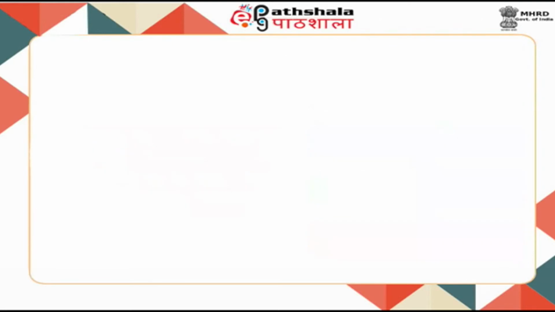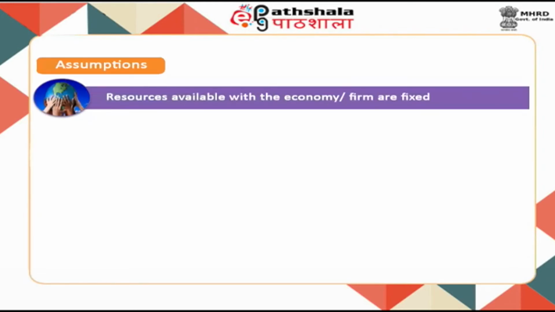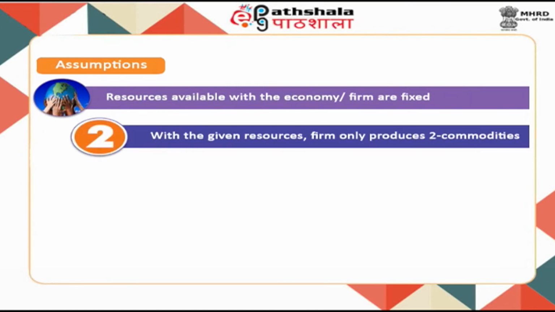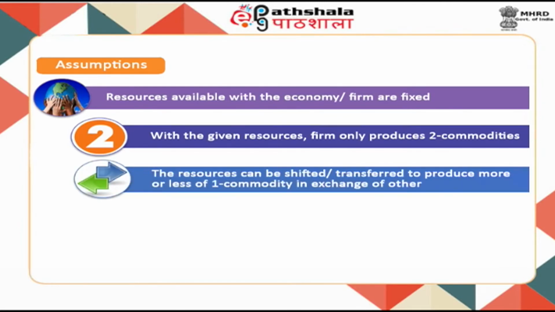For the simplicity of understanding the concept, we make the following assumptions. Resources available with the economy or firm are fixed. With the given resources, the firm only produces two commodities. The resources can be shifted or transferred to produce more or less of one commodity in exchange of another.